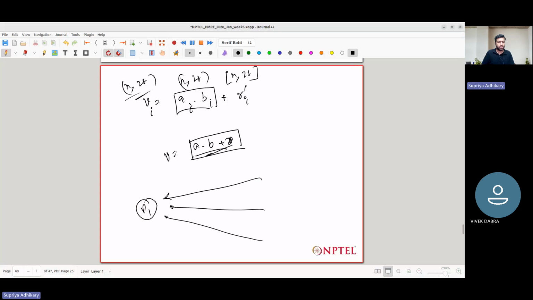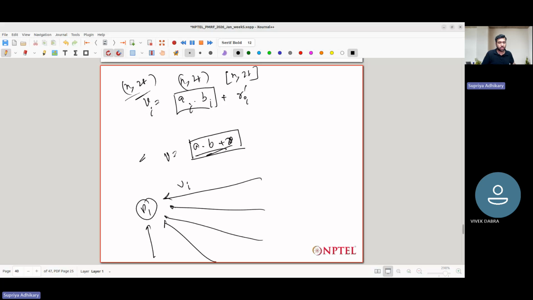P1 reconstructs the secret V using the shares it receives in step 2. Now P1 sends this V to all the parties.